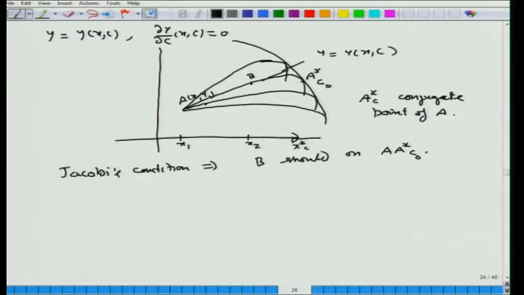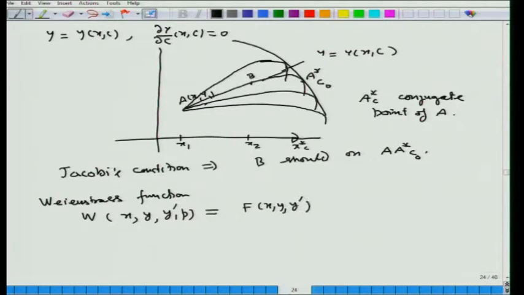Then we consider the Weierstrass function, W of x, y, y prime, p, which we defined as f of x, y, y prime minus f of x, y, p minus y prime minus p times f p of x, y, p.